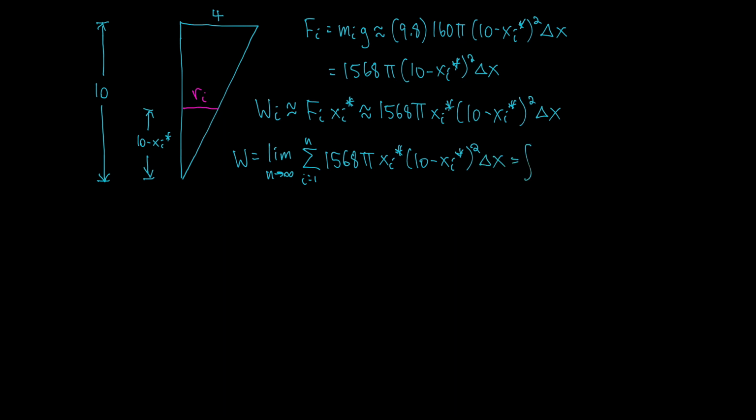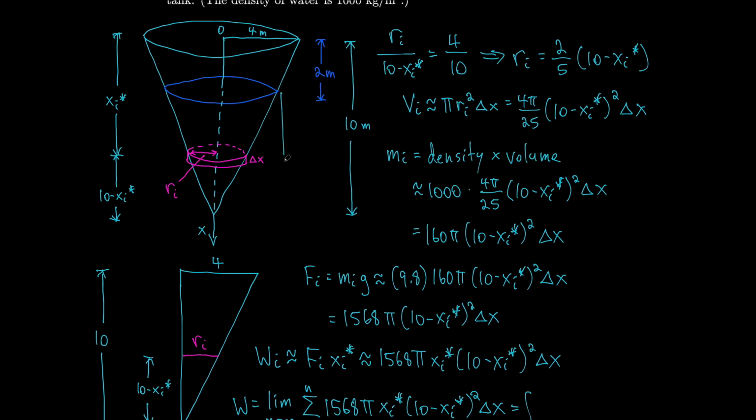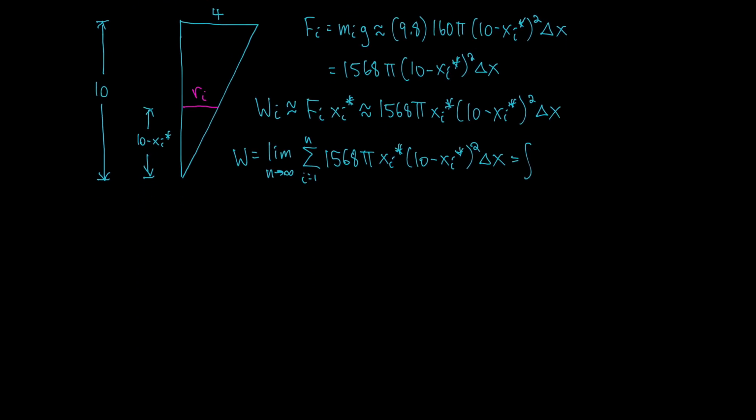So that's just the integral from where our water starts, which is at 2, all the way to the end at 10. So we go from 2 to 10 of 1568 pi x times 10 minus x squared dx.